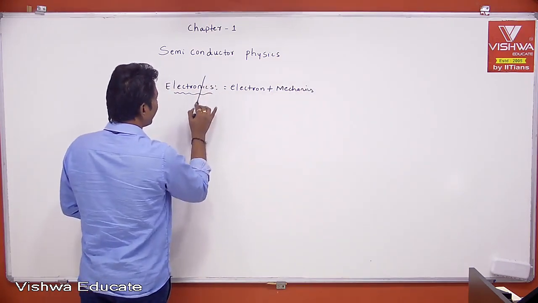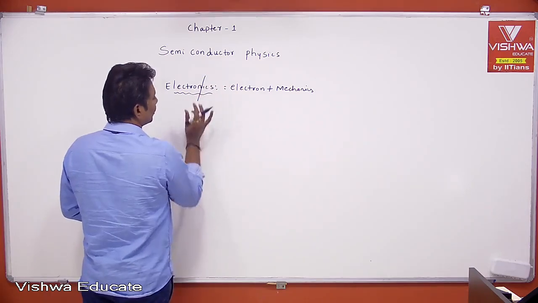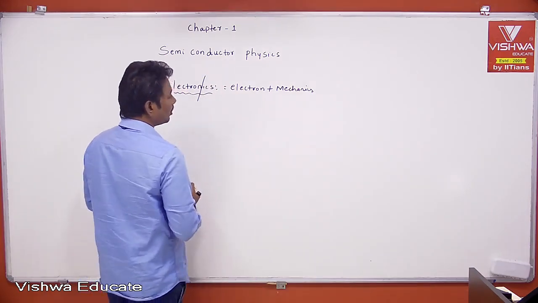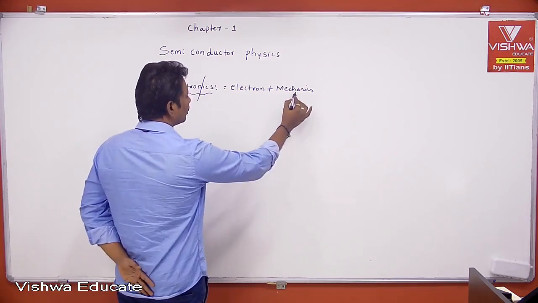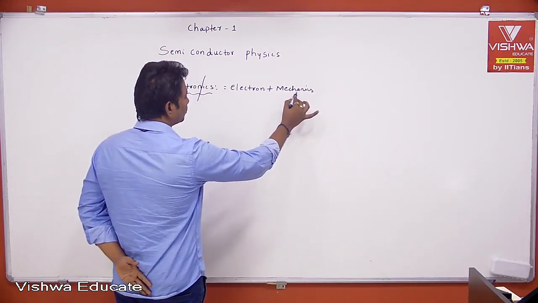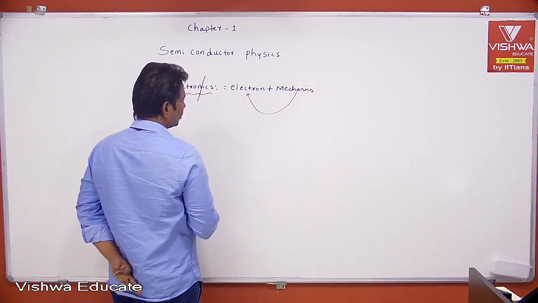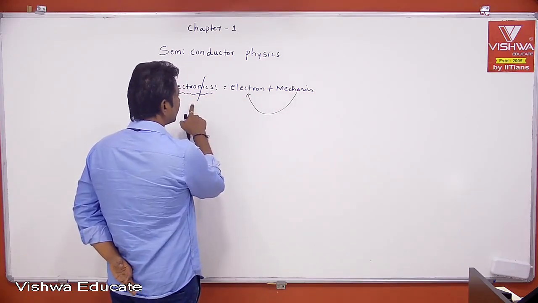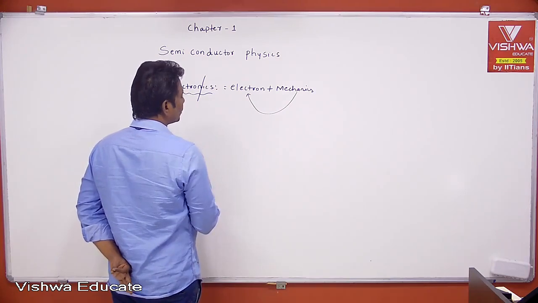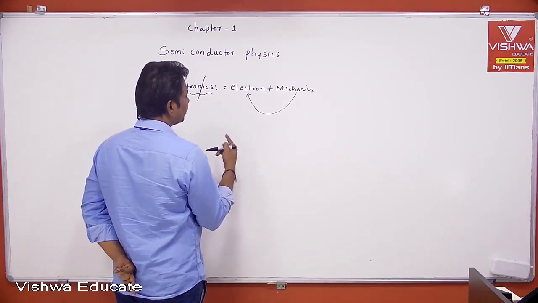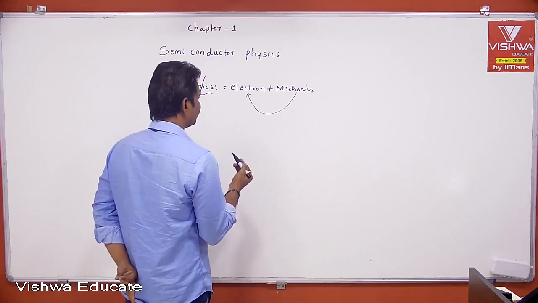What is mechanics actually? Mechanics is nothing but the study of motion of objects. Here what are the objects in motion? Electrons, right? Simply, electronics is nothing but the study of motion of charge carriers in a semiconductor material, called electronics, right?